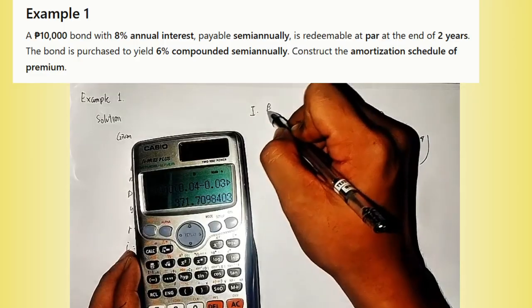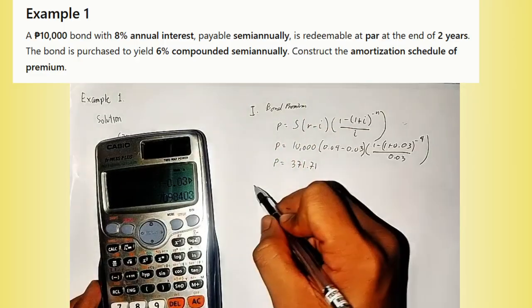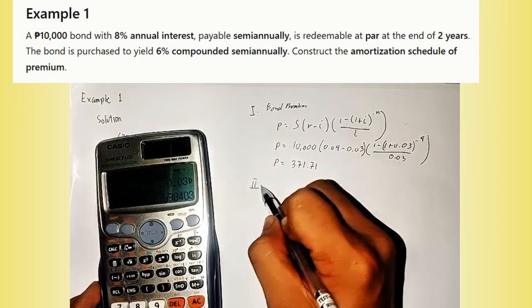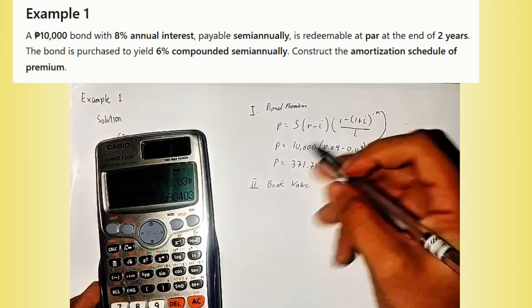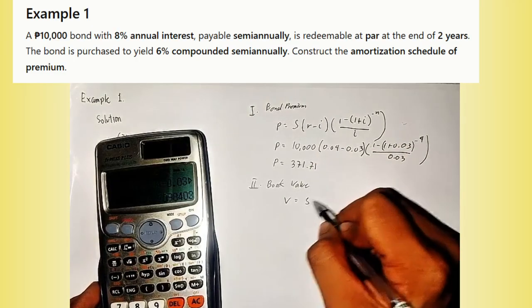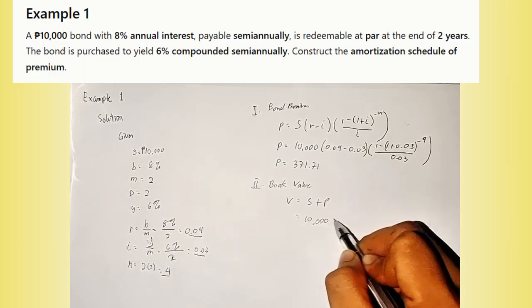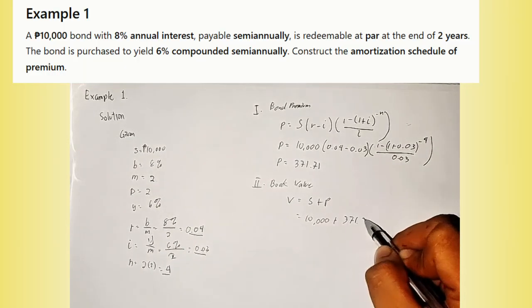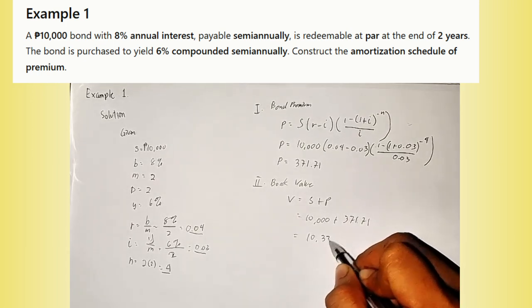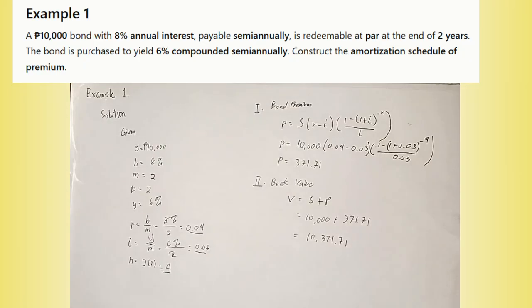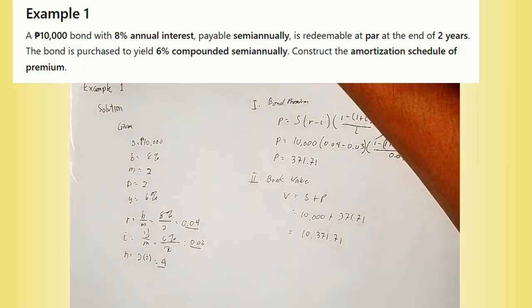Now let's find the book value. The book value is equal to S plus P, right? Basically 10,000 plus 371.71. So we have 10,371.71.